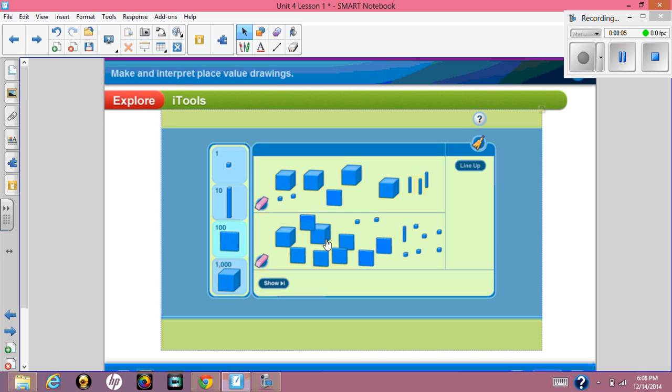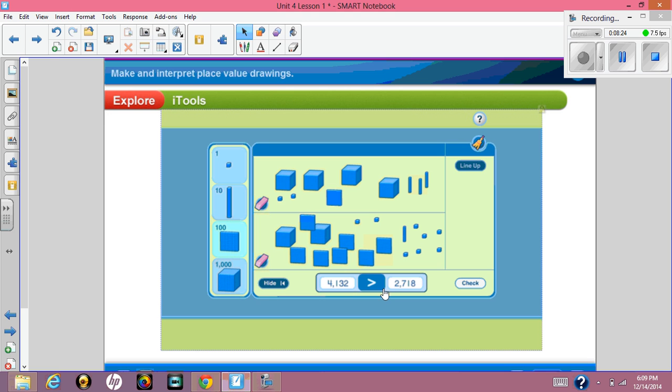If we start calculating what each one is worth, we will begin to see how 4,132 is a larger number than 2,718. 4,100, 1, 2, 3, and there's 2.